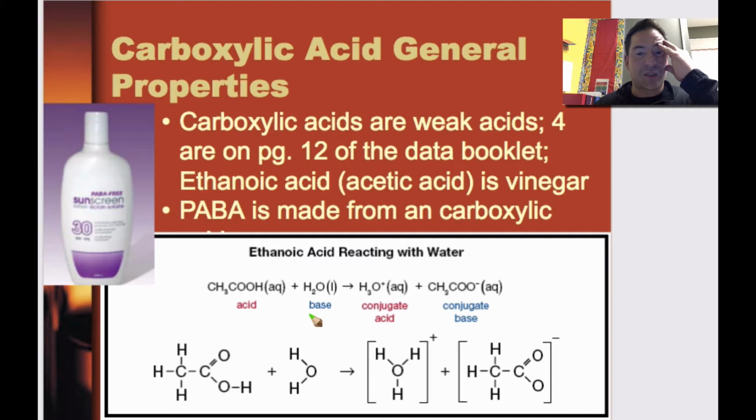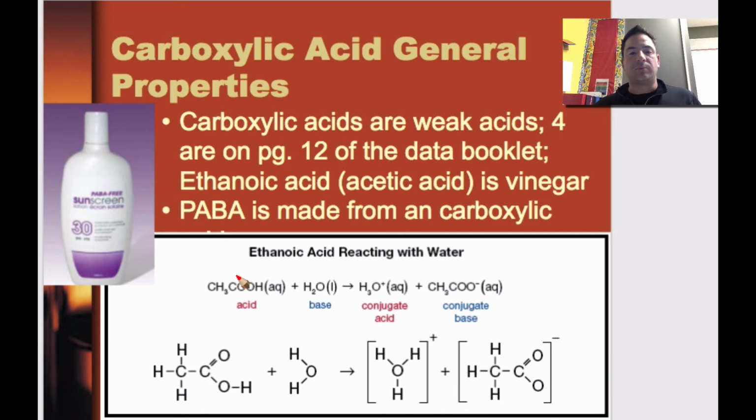Okay, but one thing to note is the acid-base reaction. So if an ethanoic acid was to react with water, what you'll actually end up seeing is the acid is going to donate its proton or a hydrogen ion, and the base is going to be an acceptor. So if you take a look here, you'll actually see that structure. This acid is going to donate its hydrogen to water, then it becomes hydronium ion, and then that acetic acid or ethanoic acid is going to lose a hydrogen, and then we're going to see our conjugate base come out here.